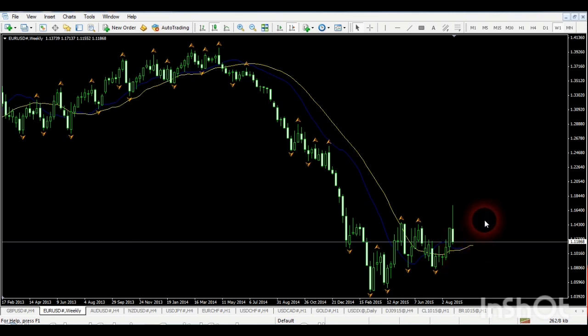It goes down again, and then it goes up again. You see, that's exactly what has happened. This blue line has gone up. The 2 candles have finished above it. And my uptrend has been confirmed, and it has gone up.